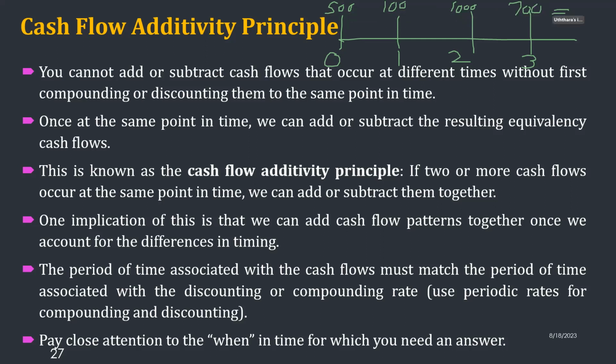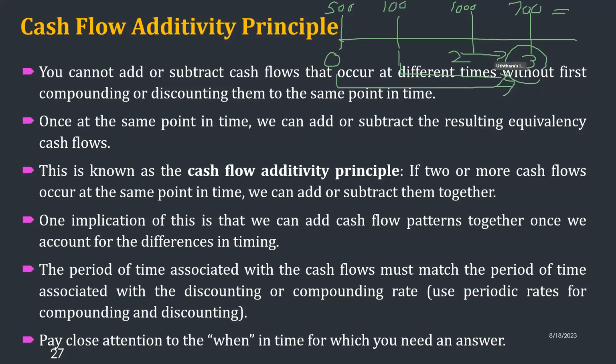If you want to add these values together, you need to discount or compound the cash flows. So if you want the value in year 3, you can take the value in year 3 just as it is, and you can take the future value of year 1 and year 2.